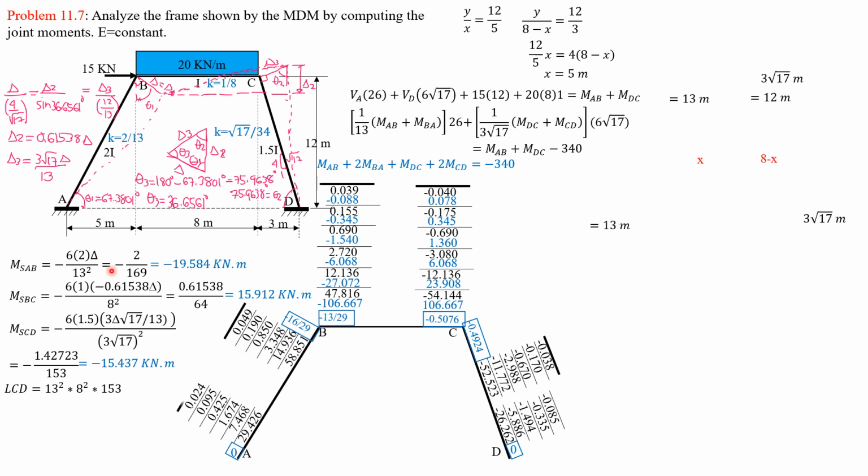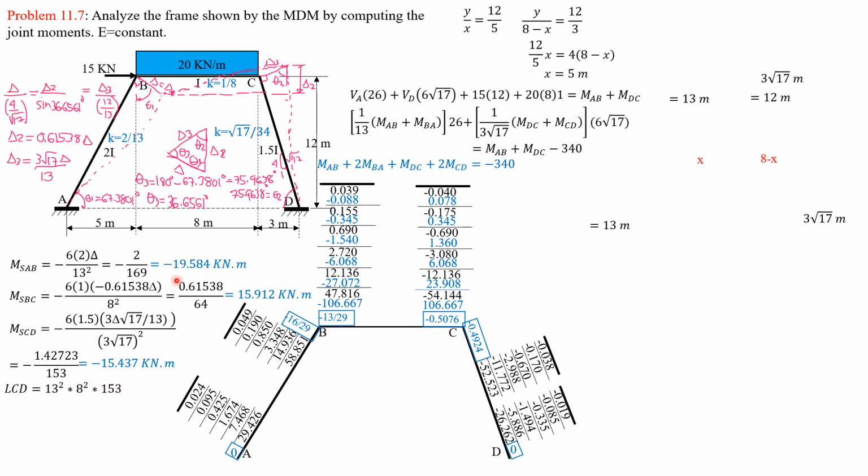So we multiply negative 2 over 169 by the LCD and divide it by 1000 to reduce the moment because it is very high. So the final answer divided by 1000, that's why you have there negative 19.584 kilonewton meter. Then this sideway moment for BC is multiplied by the LCD and again divided by 1000.